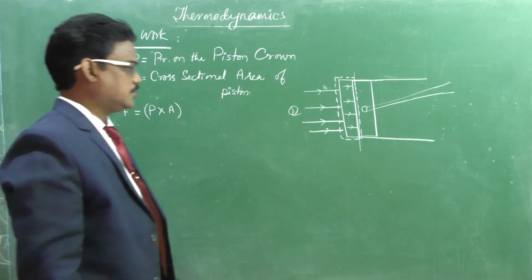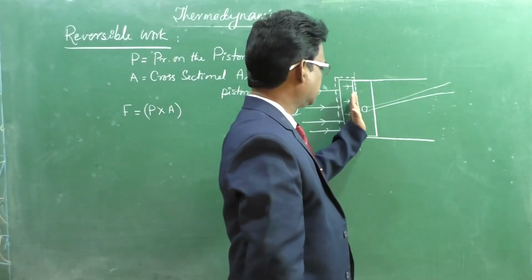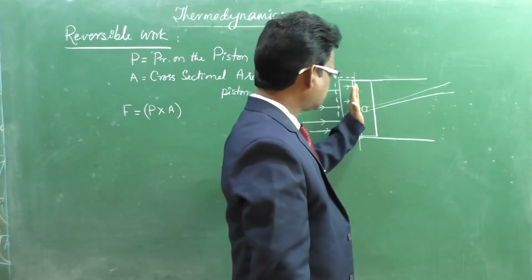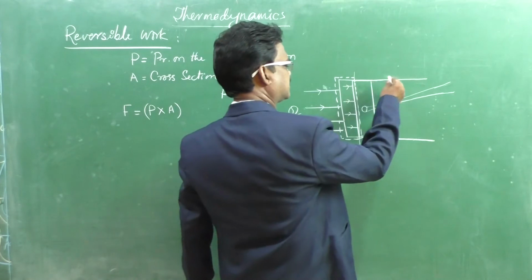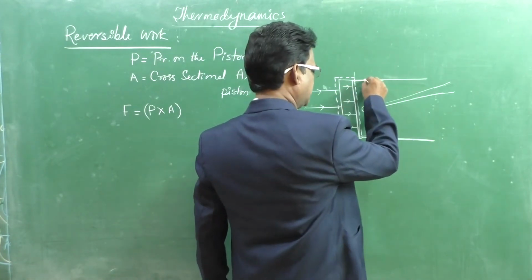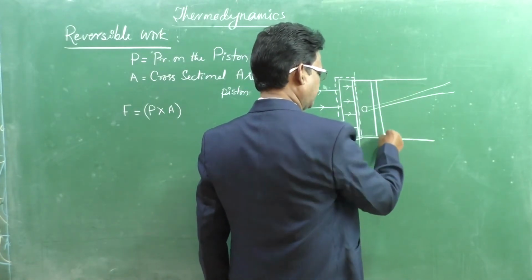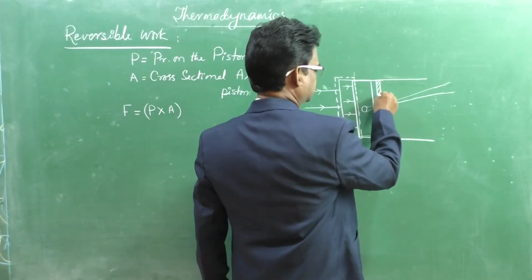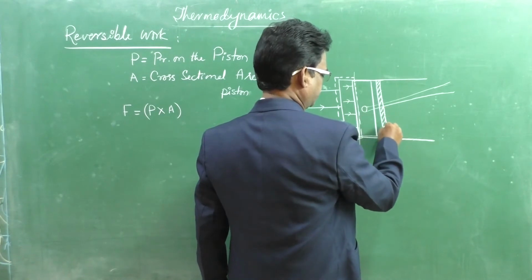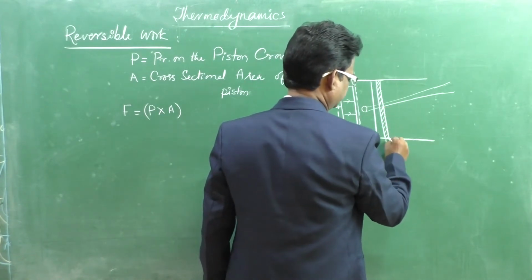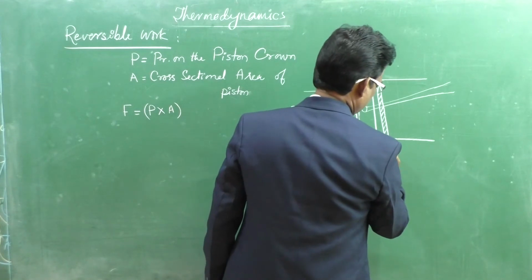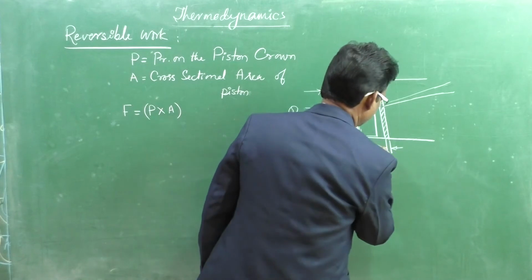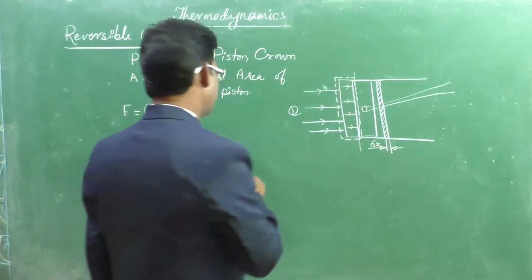Now when that force acts over the piston, the piston has a displacement of delta x. Let us suppose it moved a little. For the sake of convenience, I consider this distance delta x here.